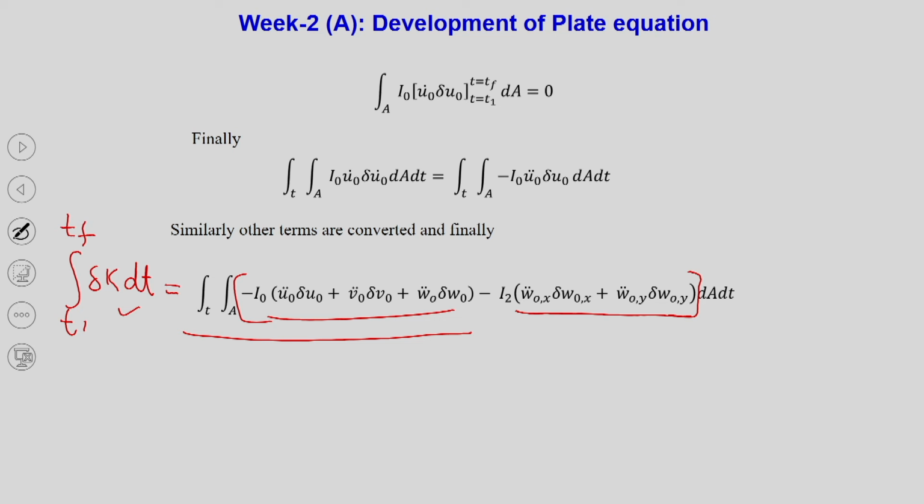If one is interested to develop a program or develop a solution for any plate or any structure, the very first requirement is that the theoretical or the mathematical formulations should be absolutely correct. There should be no mistake, no errors with sign, all these things.